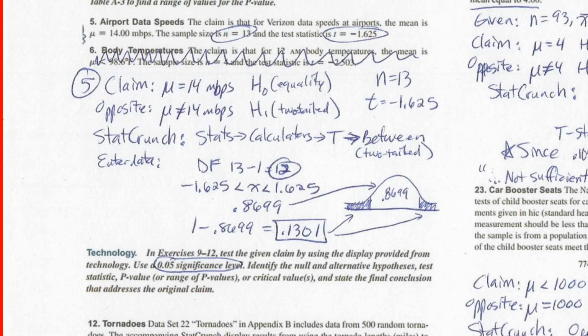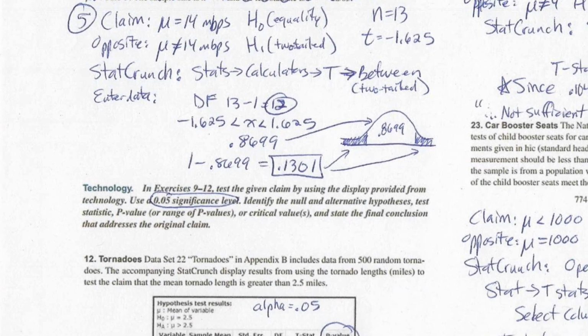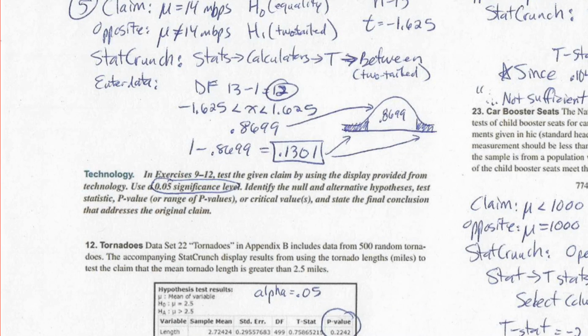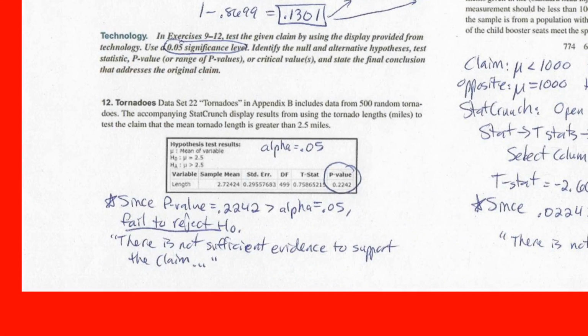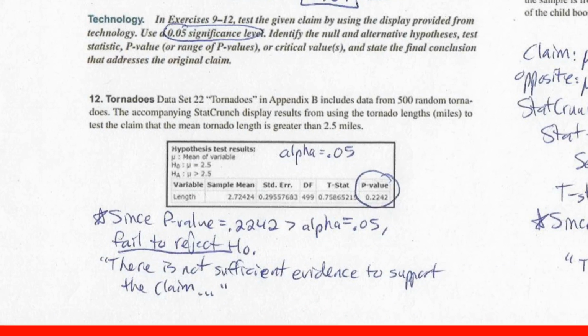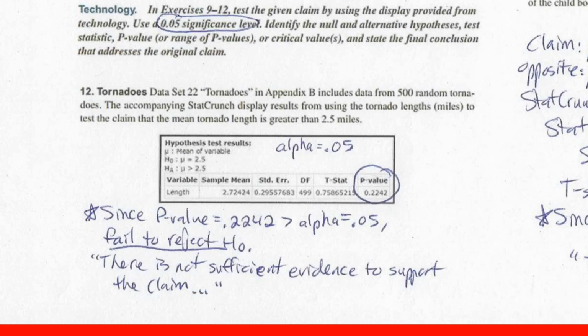We're not going to do number 6. We're going to move on to the next question. And so we have this already done for us, which is awesome. Okay, we have the StatCrunch information right here.